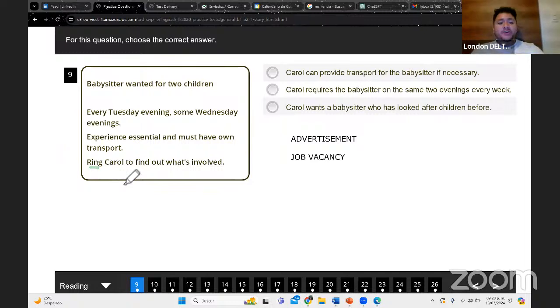All right, very well. So now according to these keywords, which are every Tuesday, experience, transport, ring, Carol, you see, we reduced the information from this text to the most important keywords. Now, I will give you 30 seconds for you to choose the answer A, B, or C. So go ahead. You have 30 seconds.